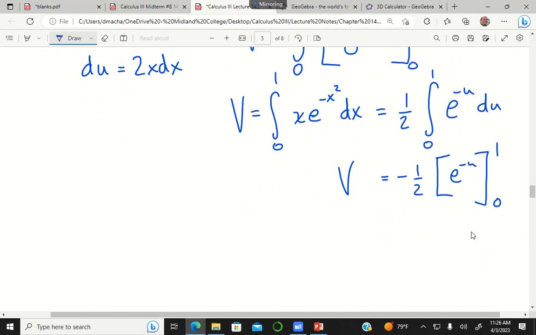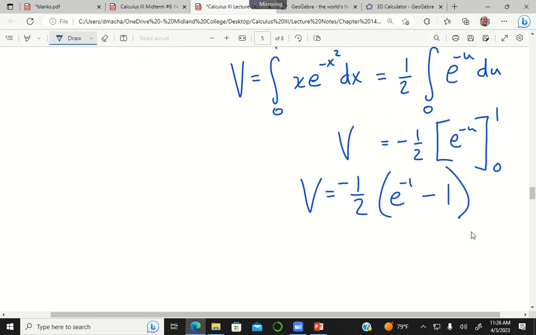So e to the negative 1 power would just be e to the negative 1 power, and then e to the negative 0 power would just be 1. So our answer is going to look something like this.